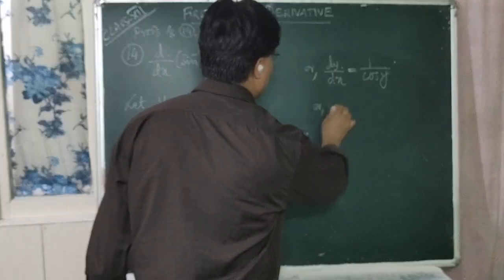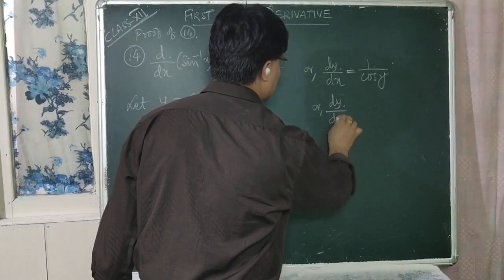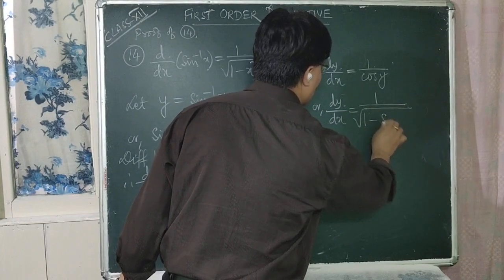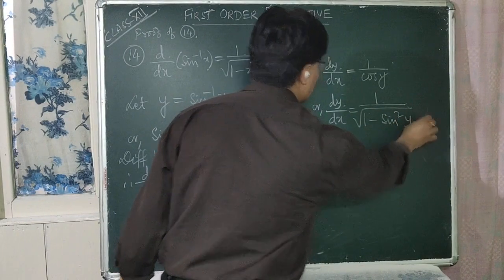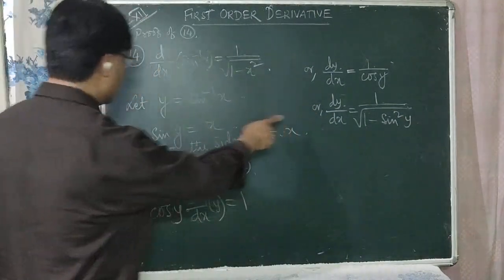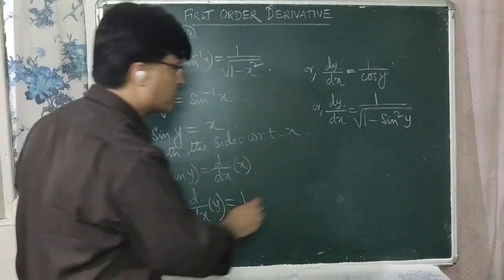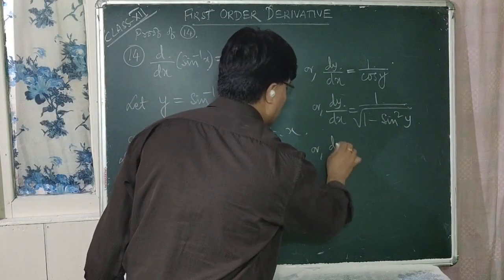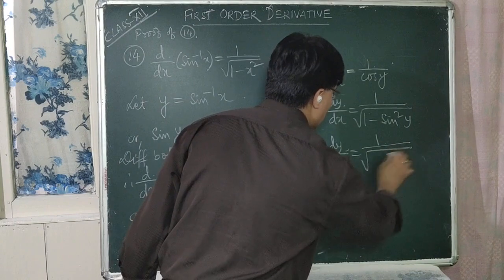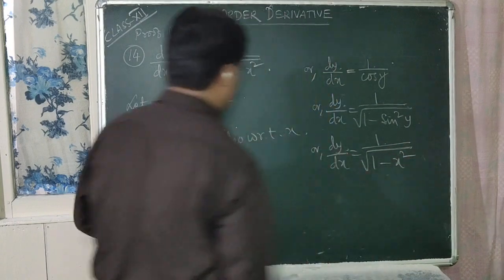So you write dy by dx is equal to 1 upon root over 1 minus sin square y. Is that clear? This is the formula. Now you can put the value of sin y. What is the value of sin y here? It is x. So dy by dx is equal to 1 upon root over 1 minus x square.